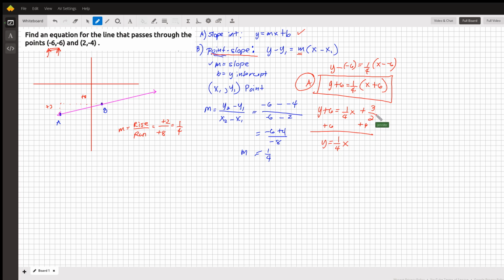plus 3/2 plus 6. Remember, 3/2 is 1.5. Actually, I'm not supposed to add, I'm supposed to subtract here. So I'm going to do 1.5 minus 6, which means you have negative 4.5, or you can do negative 9 over 2.